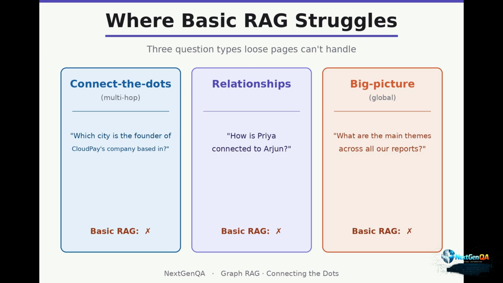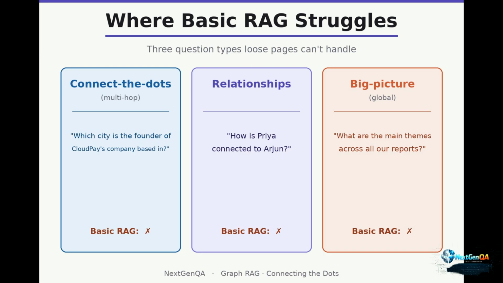CloudPay is made by a company. That company was founded by someone, and that someone or that company sits in some city. Three hops. Basic RAG might fetch a page about CloudPay and a page about a city, but it cannot walk the chain that ties them together.